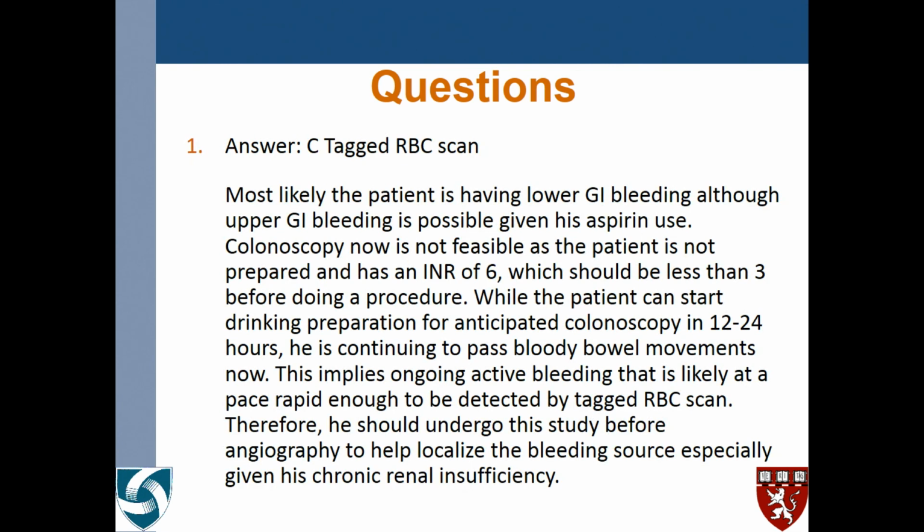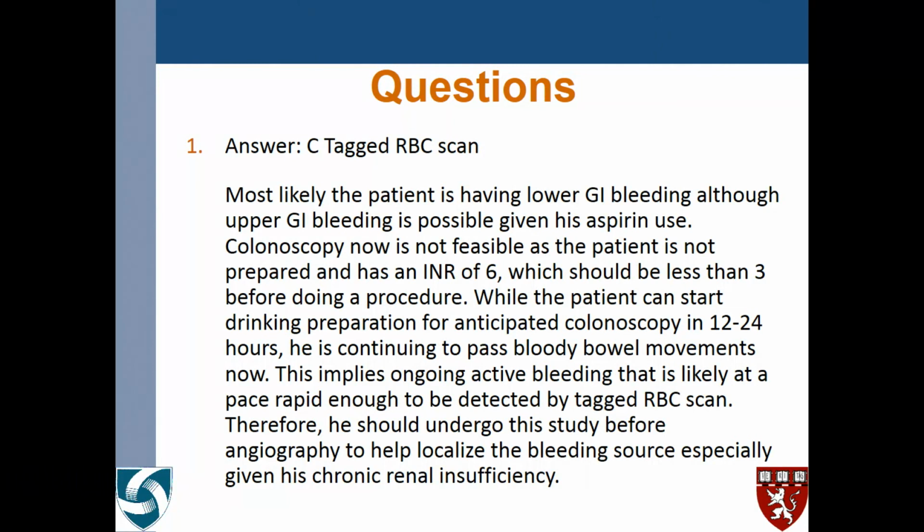And the correct answer here is C, tagged RBC scan. Most likely, the patient is having a lower GI bleed, although upper GI bleed is possible given his aspirin use. Colonoscopy now is not feasible as the patient is not prepared and has an INR of 6, which should be less than 3 before doing a procedure.